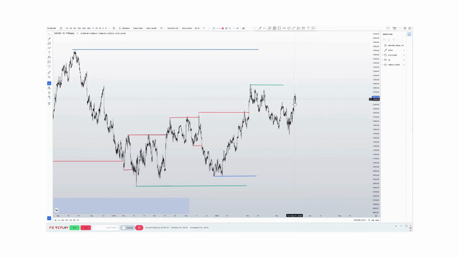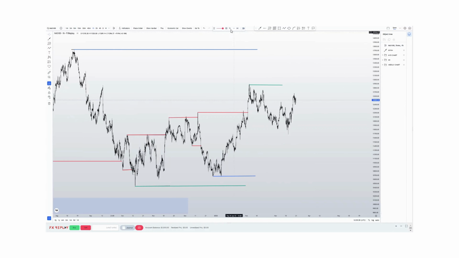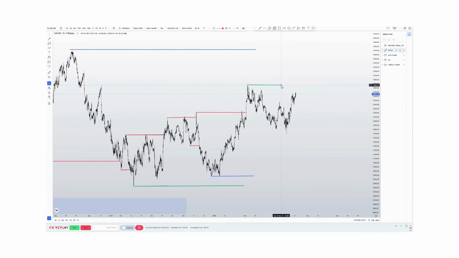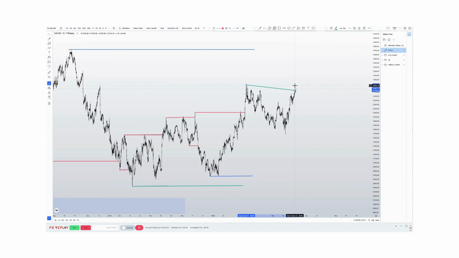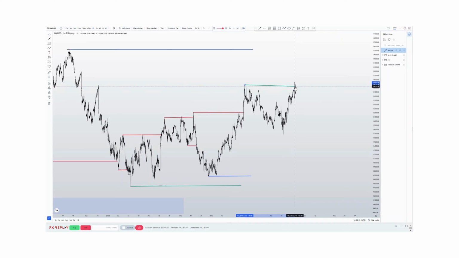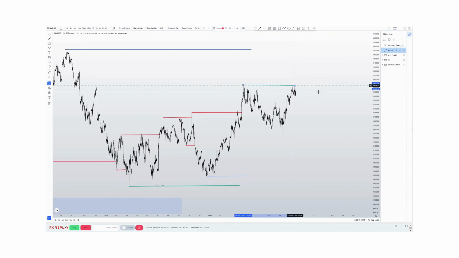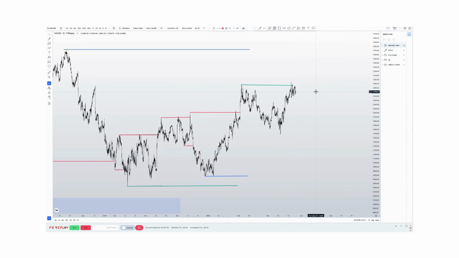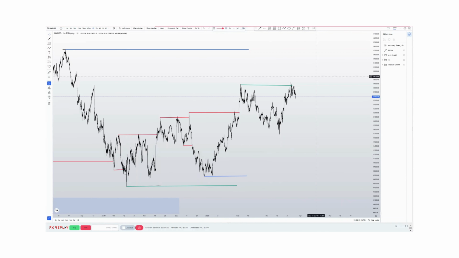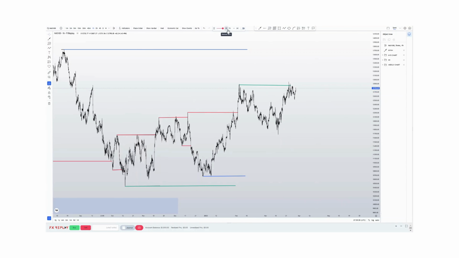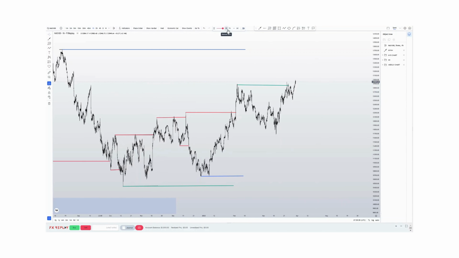So we have the M15 still. They had to break these structures there. They had to break those structures. Now we have a break. The protected swing shifts. Once you have a break in structure, you shift your protected swing to the lowest point.